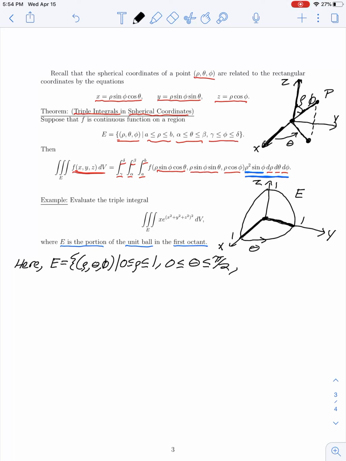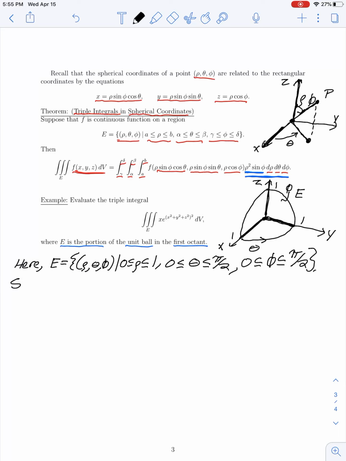And then our last value, phi, is this angle measured from the positive z-axis downward. And we see we could go from the positive z-axis to the positive y or x-axes. So we could range phi from 0 to pi over 2, another 90 degree or pi over 2 radian value for phi.